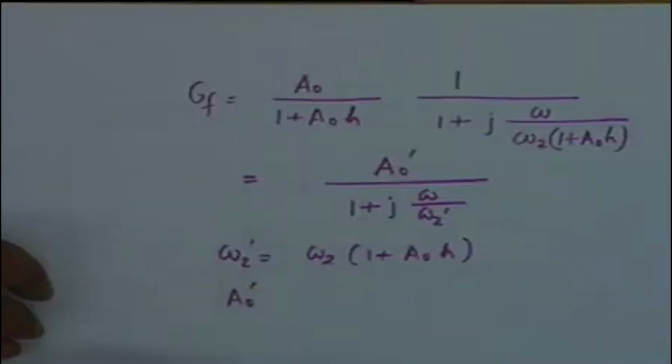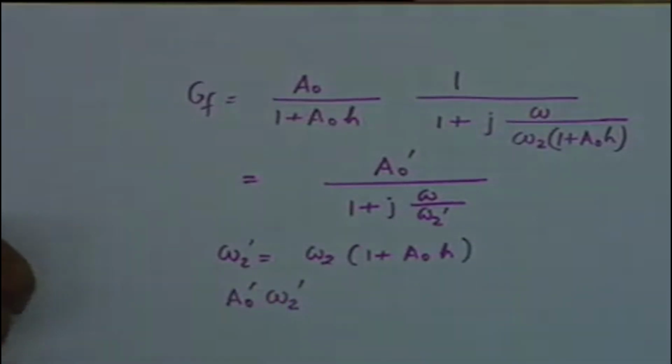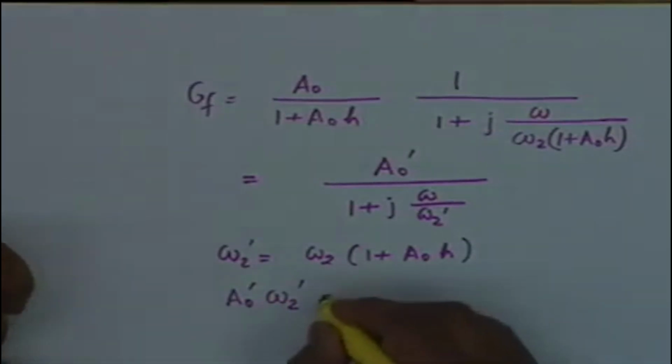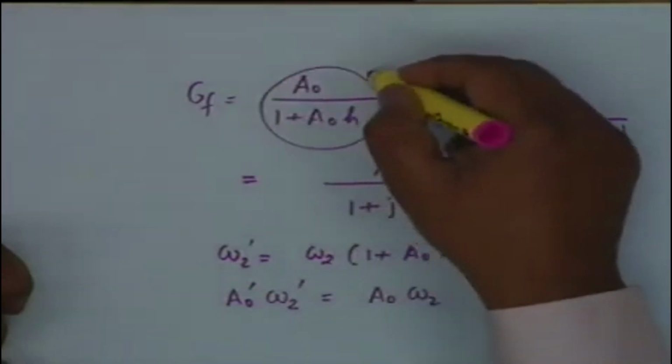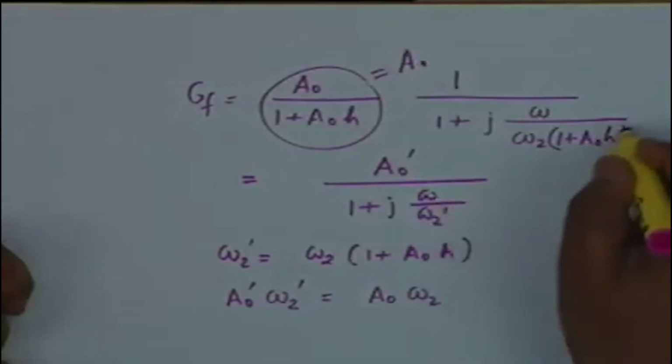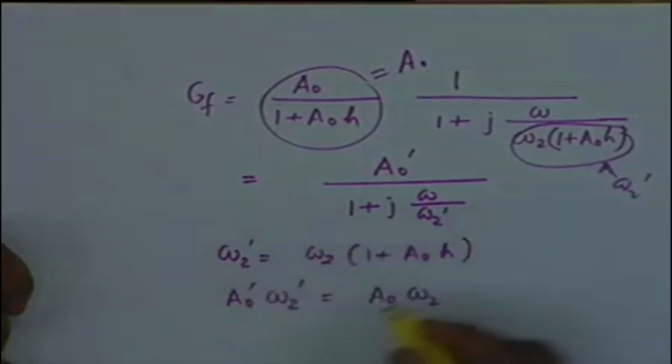You also notice that the mid-band gain A0 prime multiplied by the upper cutoff frequency omega 2 prime is nothing but A0 times omega 2. All right. This is A0 prime and this is omega 2 prime, and therefore the product is the same. In other words, by applying negative feedback, you cannot increase both.